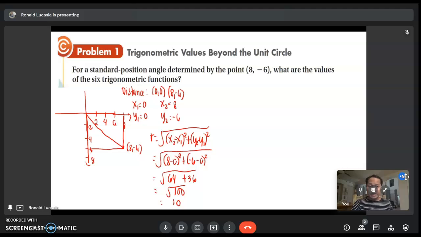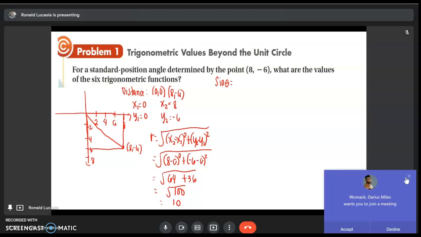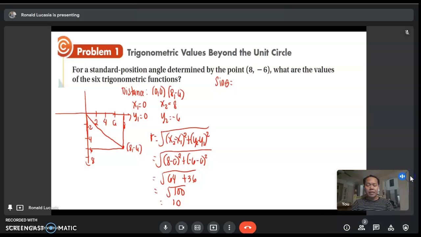So we can now find the values of the 6 trigonometric functions. Let's start with sine theta. We know that sine theta is y over r, and our x is 8, y is negative 6, so it's negative 6 over 10. So our r there is 10.